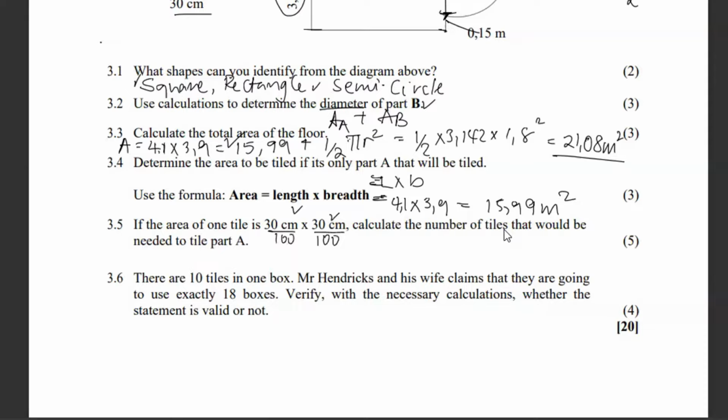So the tiles are 0,3 times 0,3, which is the same as 0,09. Okay. So the area that you're going to tile is this much divided by 0,09.